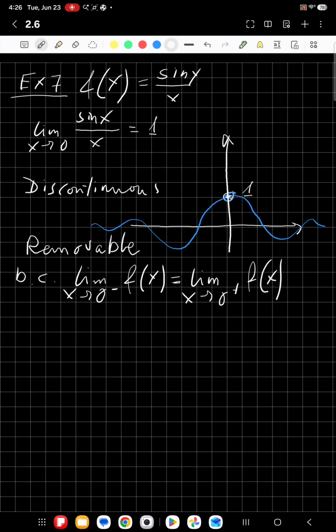Okay, so it's removable. Okay, next example. It's example 8.